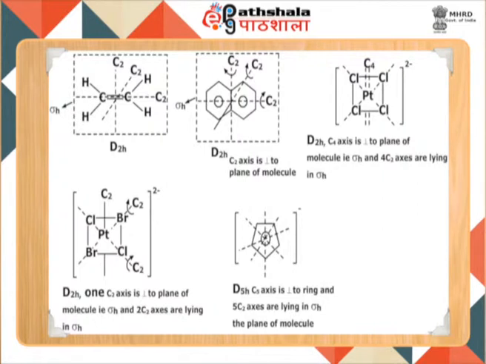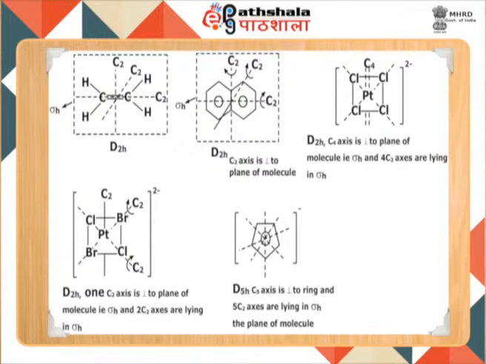So, in this molecule, if this is my C2 axis, I have nC2 axes perpendicular to this, that is in the plane of the molecule, like this and like this. And if this is the C2 axis, then this plane of the molecule is perpendicular to this C2 axis.